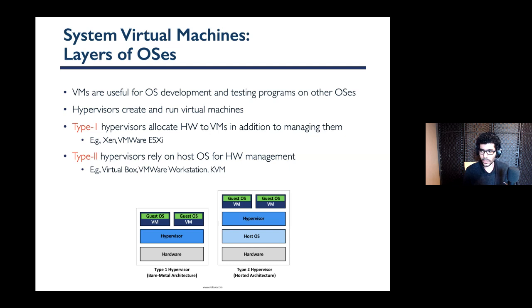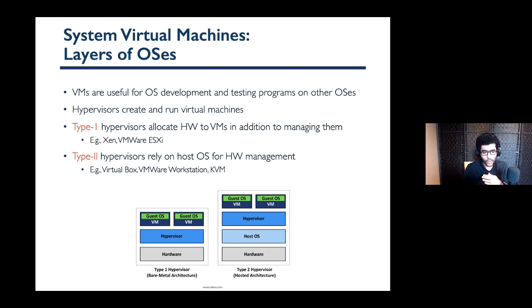I got another one. Does the hypervisor basically just implement the hardware abstraction layer in type 2? Sort of, yes. You're providing that abstraction layer to your virtual machines.